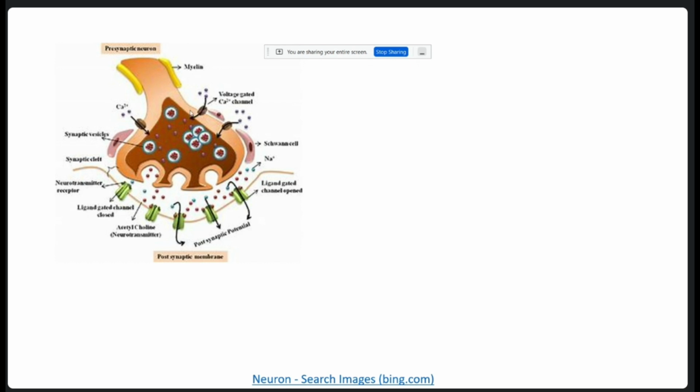Actually, once the person takes the medicine, the neurotransmitter which is responsible for the pain, which is carrying the pain information, is blocked by that chemical. So the neurotransmitter is not able to move from one neuron to another neuron, or from one part of the body to another part of the body. In that case, the patient does not feel pain.